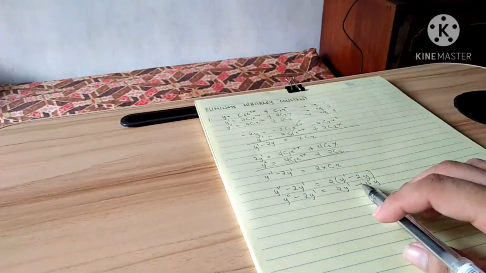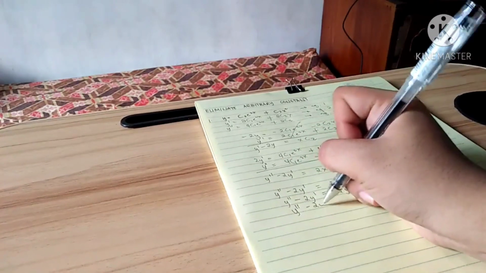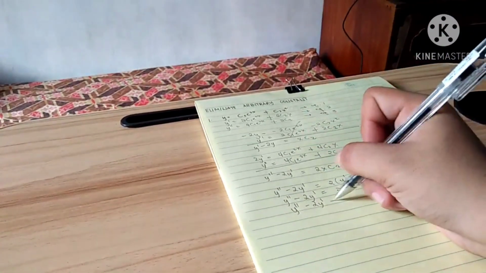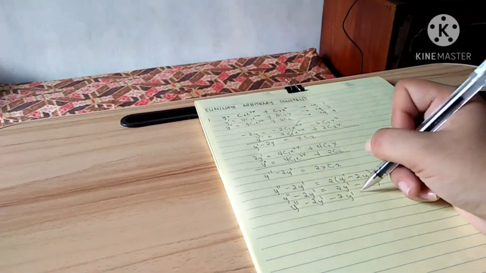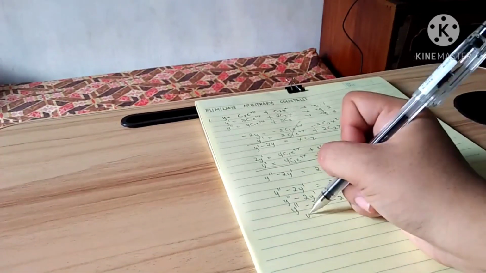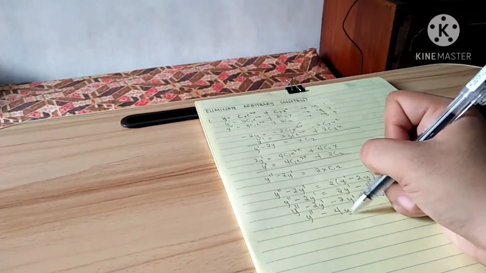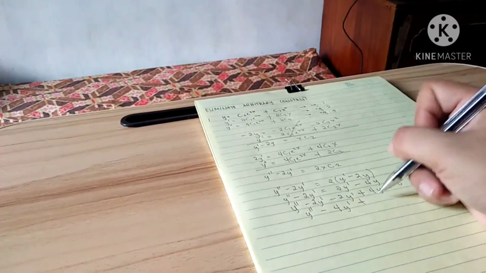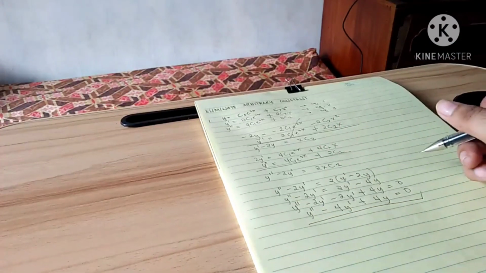And then, equate natin into 0, y double prime minus 2y prime, transpose mo, 2y prime, transpose mo din, positive 4y is equals to 0. Then, y double prime minus 4y prime plus 4y is equals to 0. So, that's our answer.